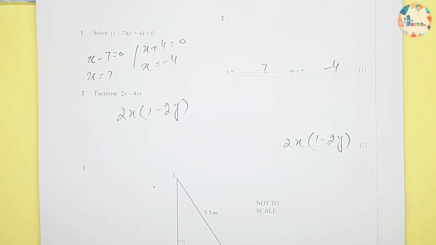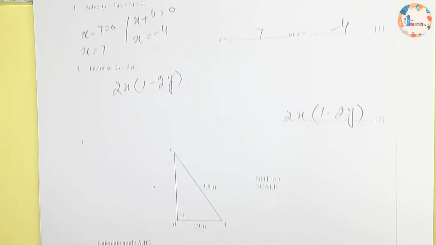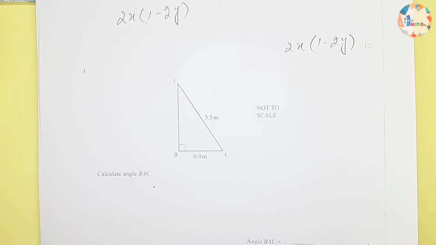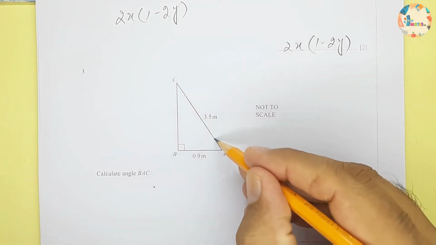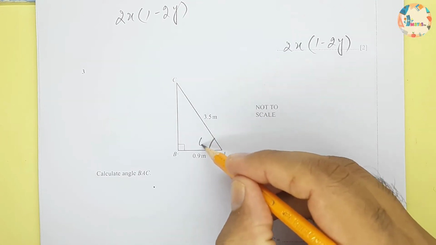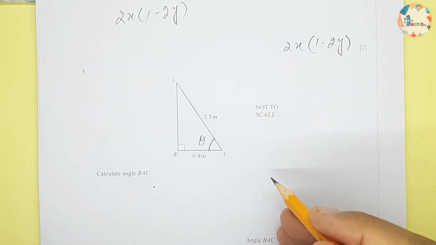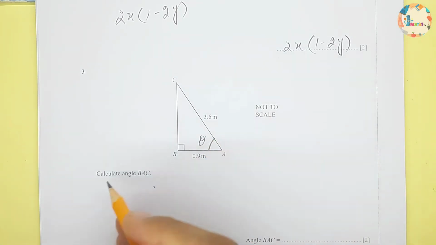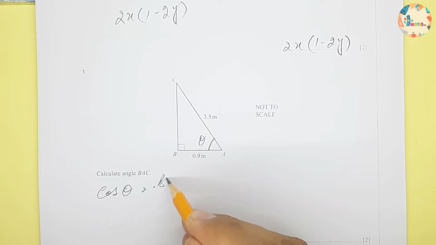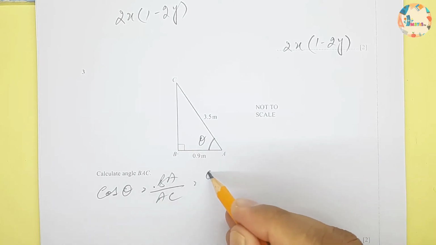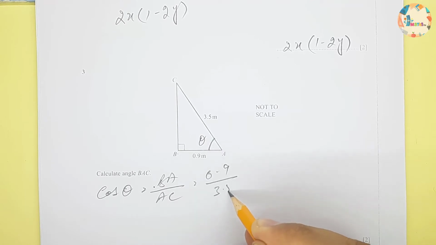Question number 3, triangle is given which is not to scale, and calculate BAC. This angle is basically required, so this will be adjacent over hypotenuse, so this will be cos theta. Cos theta will be equal to BA over AC. So this is equal to 0.9 over 3.5.